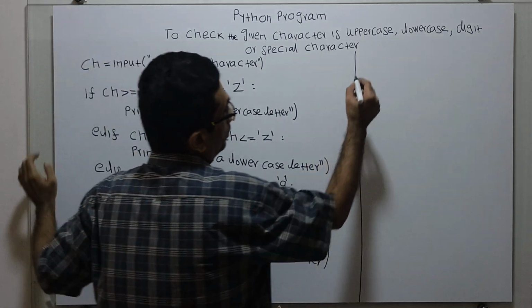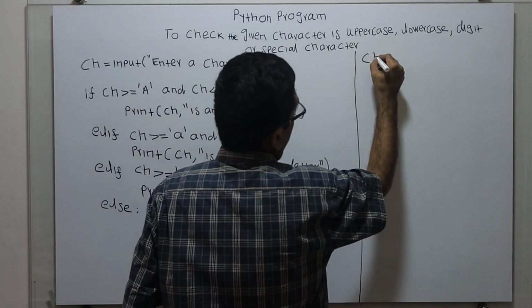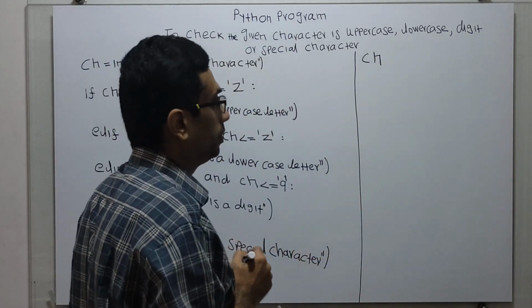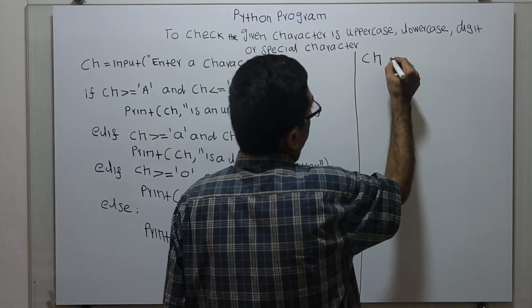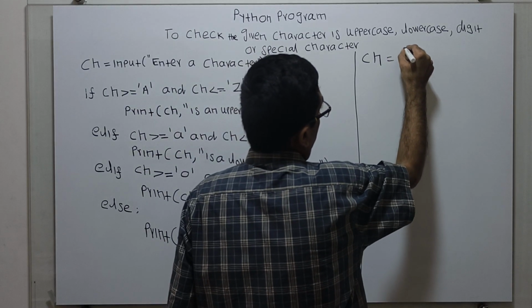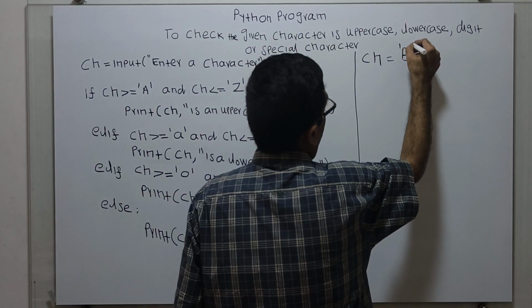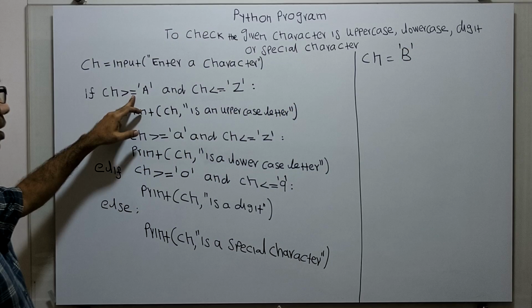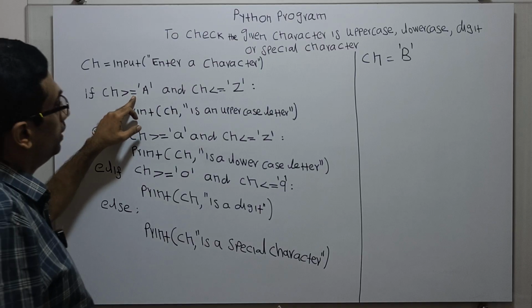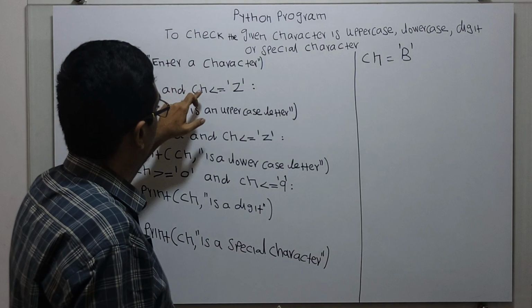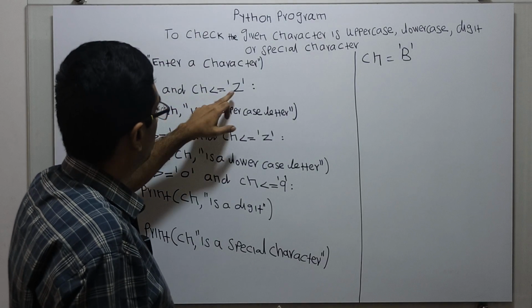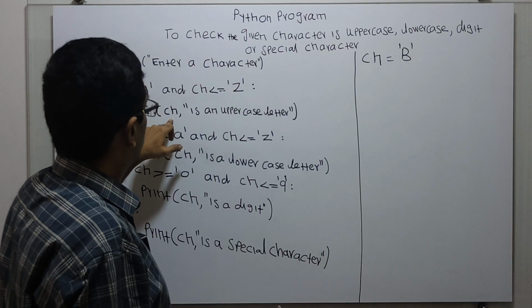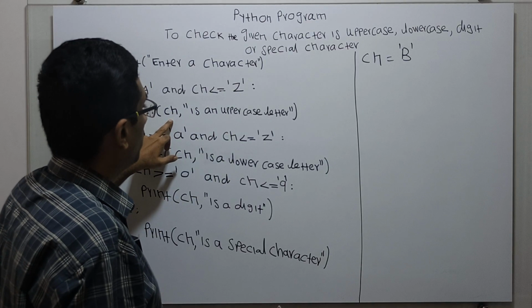For ch, I am assigning capital B. What it will do, it will check capital B greater than or equal to capital A. This is true, and capital B less than or equal to Z. This is true. It will print capital B is an uppercase letter.